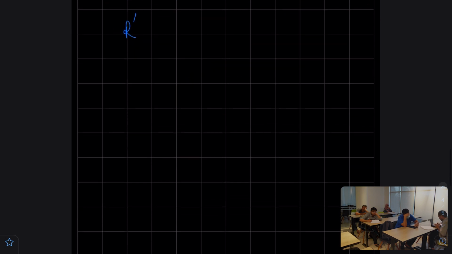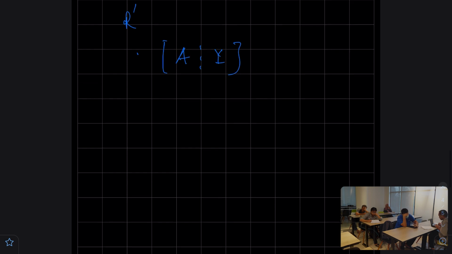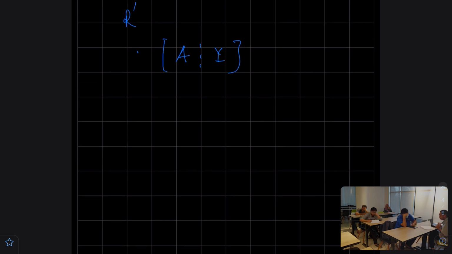So if A is equivalent to R, then if I apply the same EROs on Y, this is some element of the field, right?